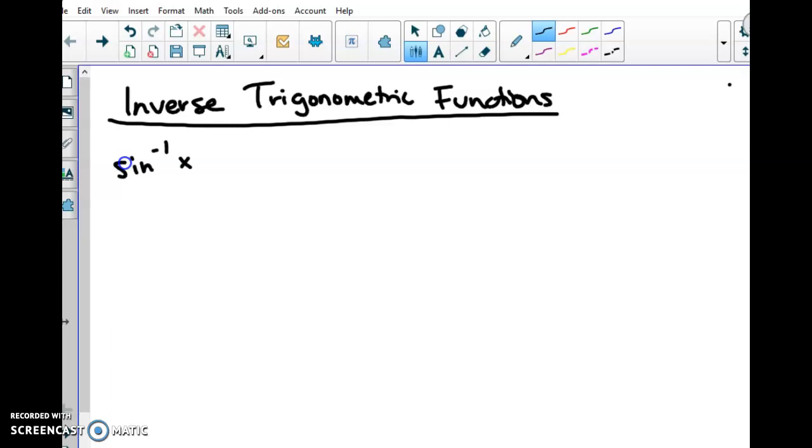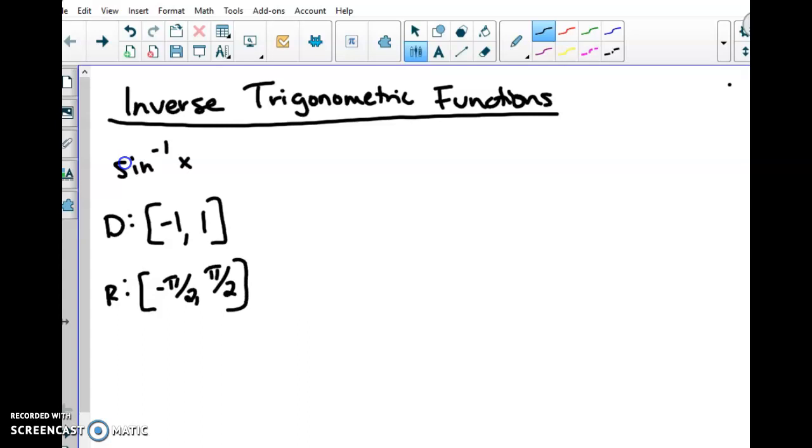If we have the sine to the power of -1 of x, sometimes you'll see it as arc sine or inverse sine, the domain for this is from -1 to 1, and our range is from -π/2 to +π/2.